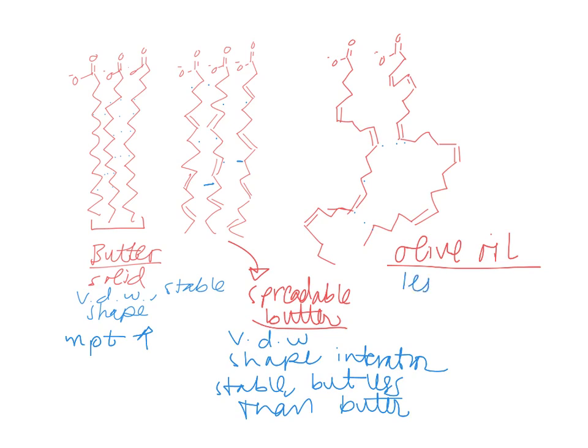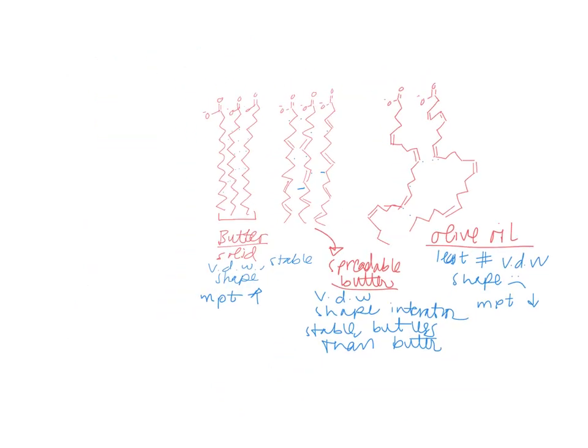So this is the least amount of van der Waals, and the shape interactions are very bad. And by shape, again, I mean they don't fit together like puzzle pieces. And the melting temperature on these is the lowest of them all.